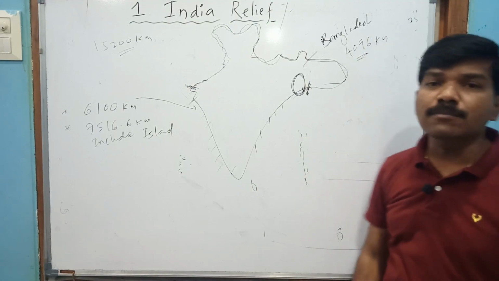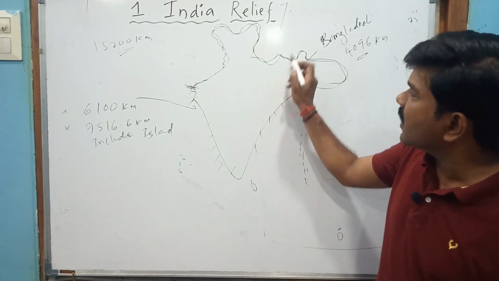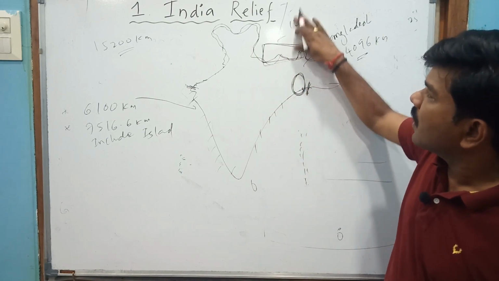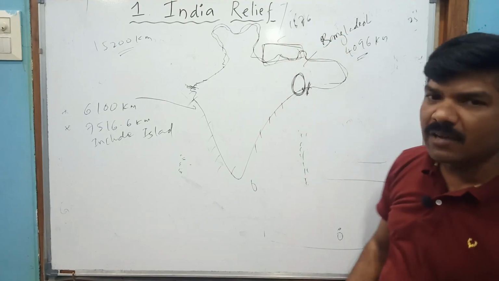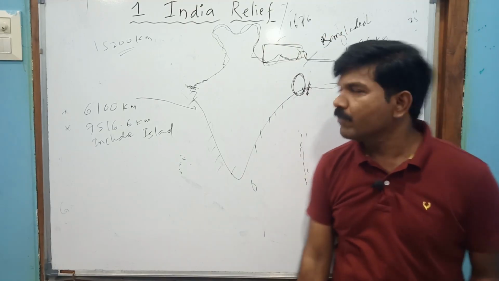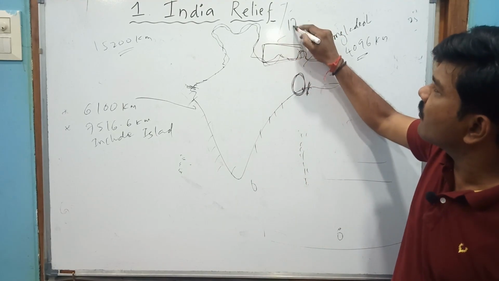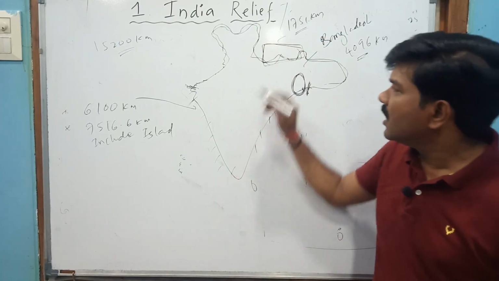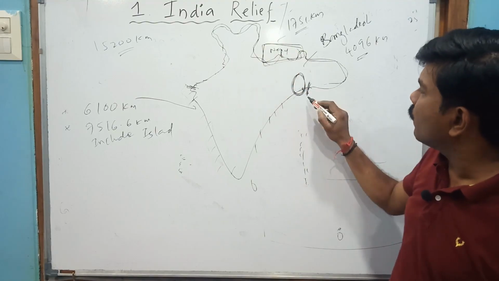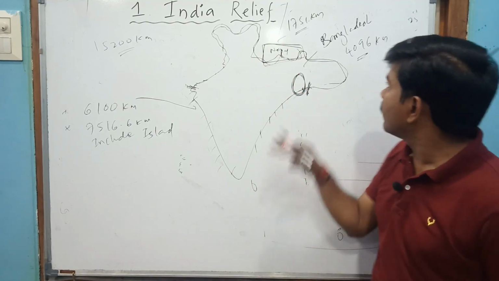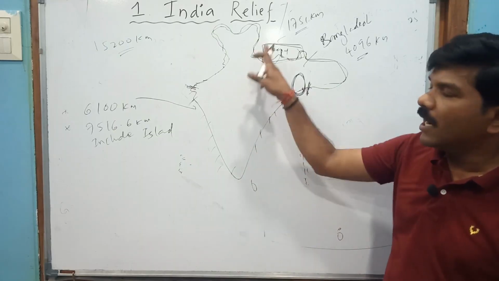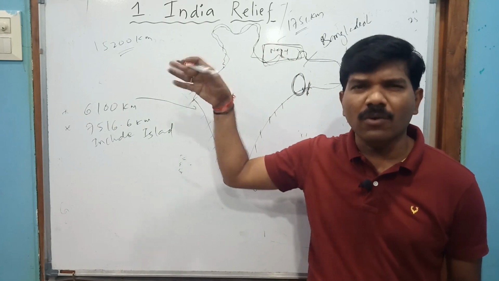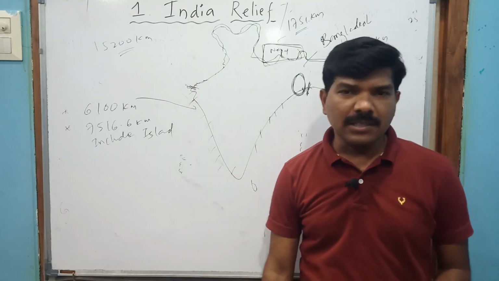With Nepal approximately 1,751 kilometers, with China 3,300, and around 3,000 with Pakistan.